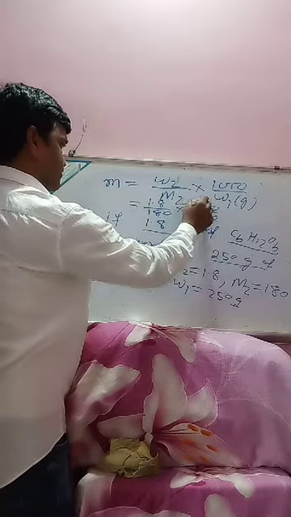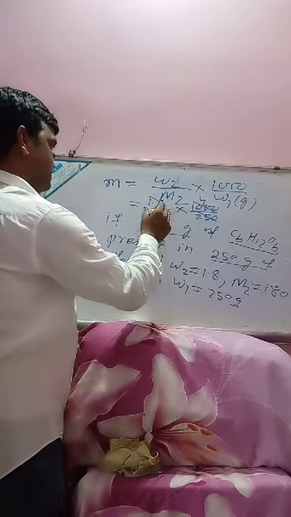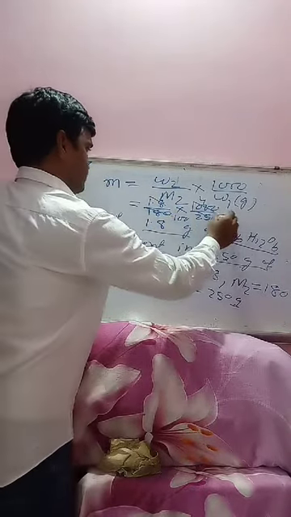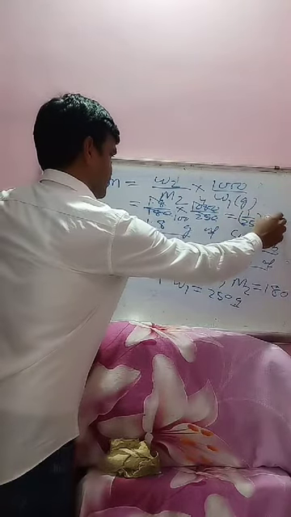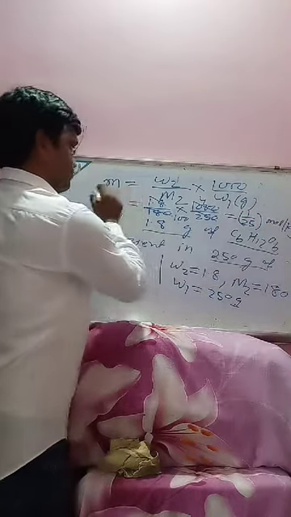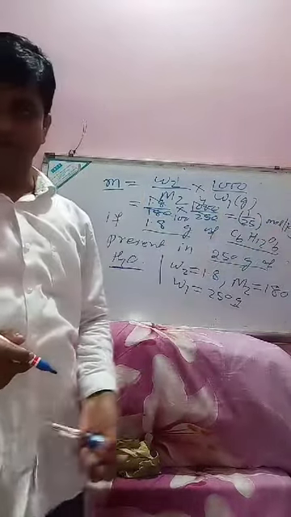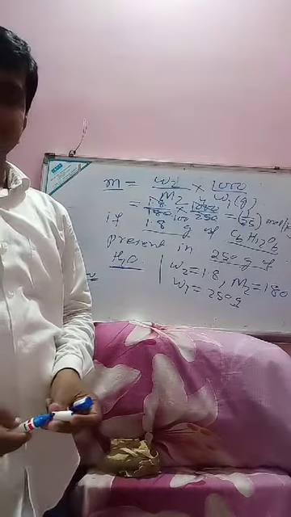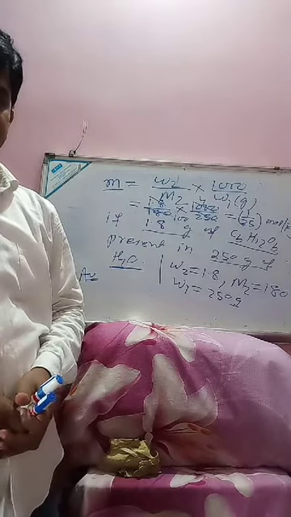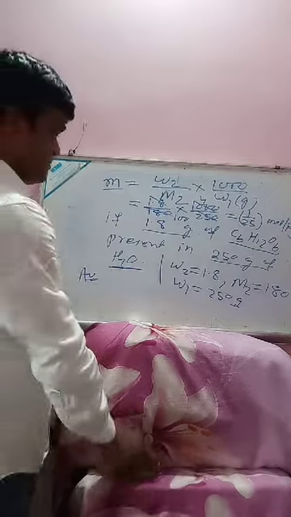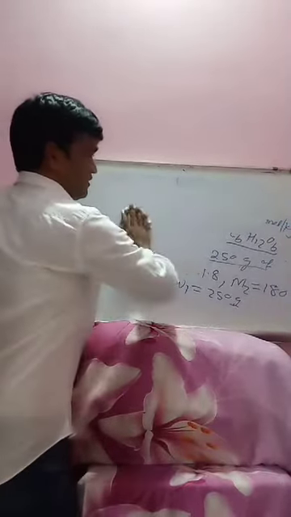Okay, so it is 1 by 25 moles per kg. What is the unit for molality? Moles per kg, the number of moles of solute present in 1 kilogram of solvent. Okay. So this is about your molality.